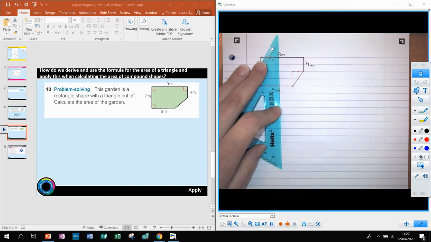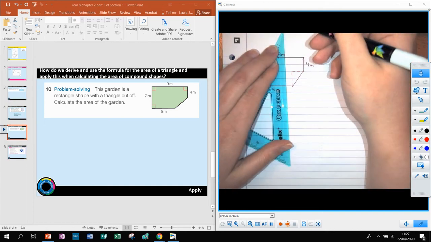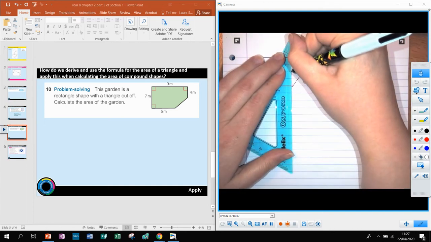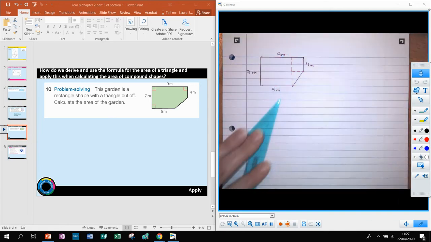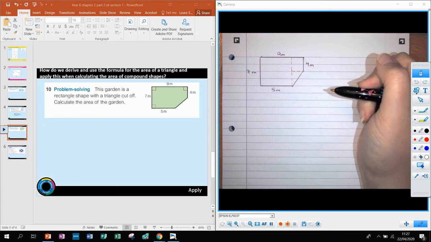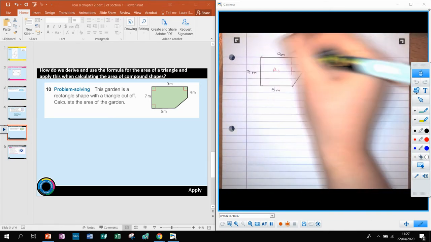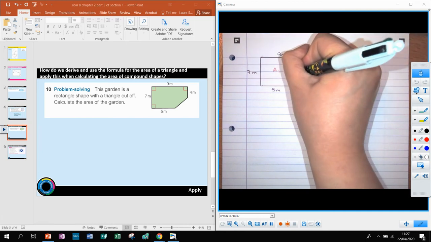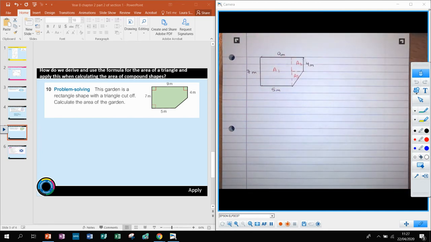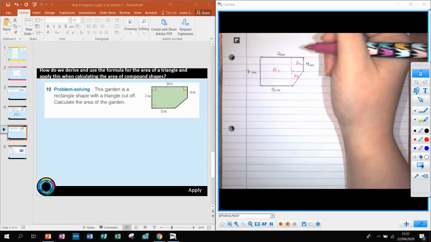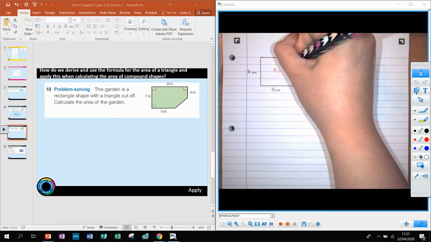Okay, and those 3 different shapes are 2 rectangles and a triangle. So we're going to call it area 1, area 2, and area 3. We need to make sure we have all of our measurements ready for our triangle and also for the 2 rectangles. So I know that this is 4.